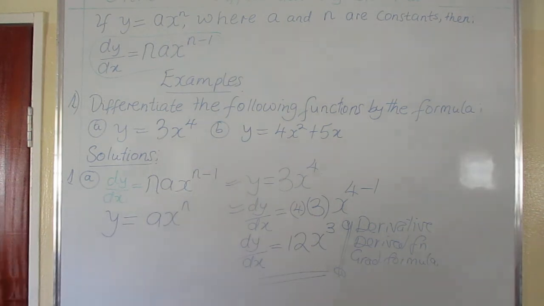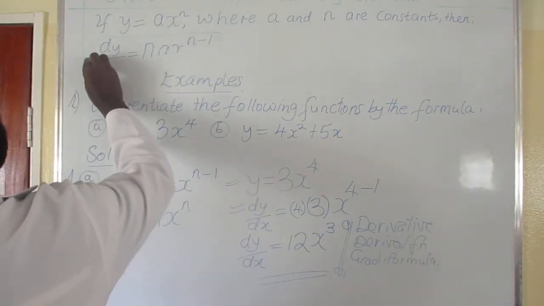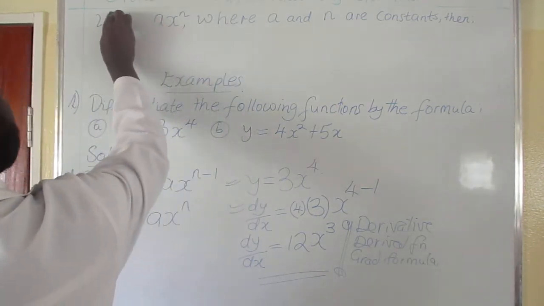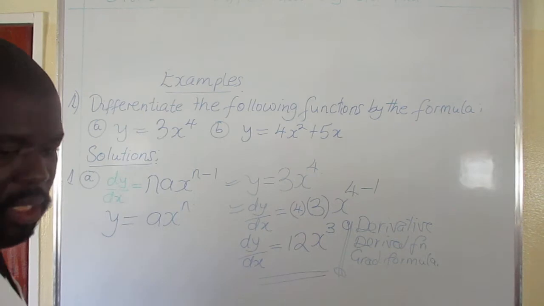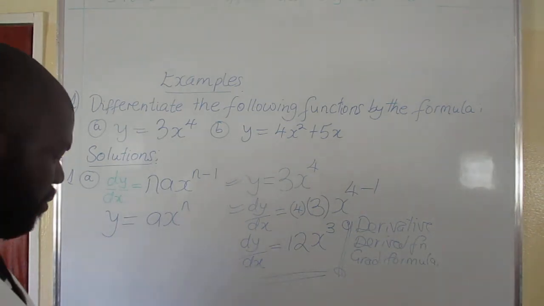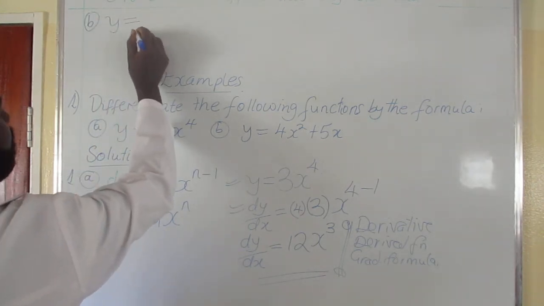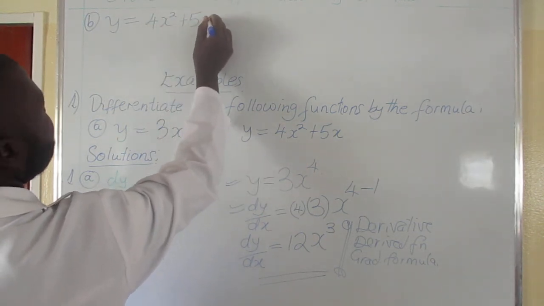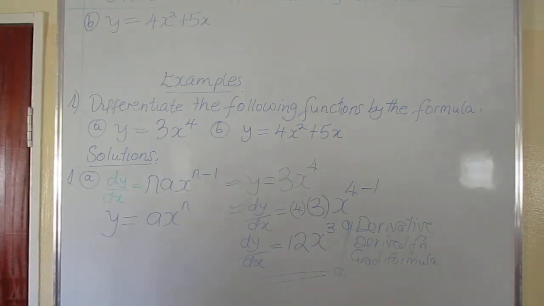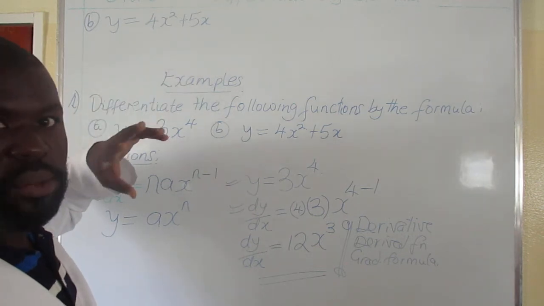Let's look at 1b. According to 1b, we have y is equal to 4x power 2 plus 5x. You can see this function has 2 terms.